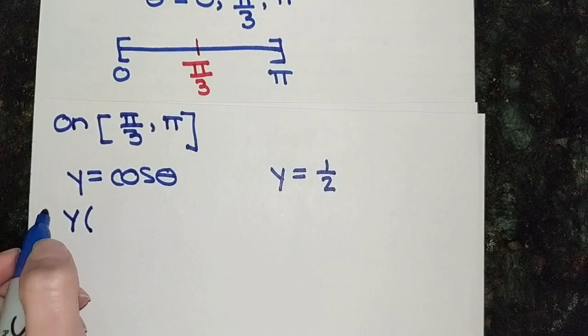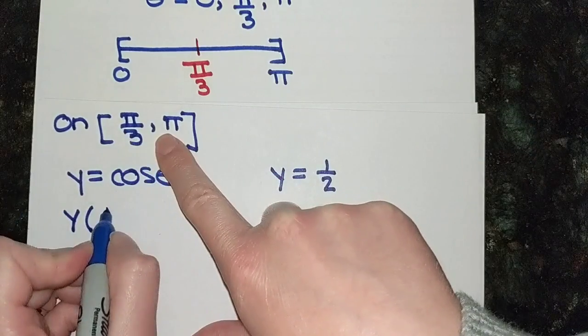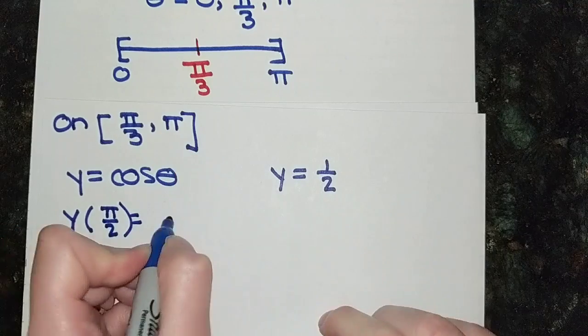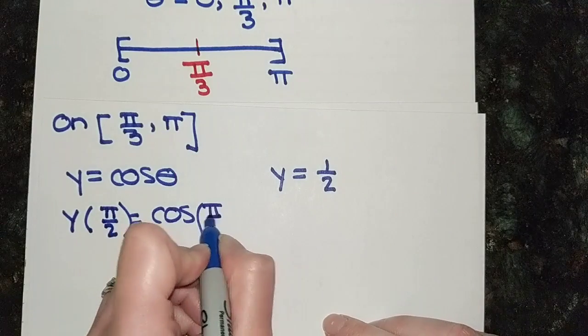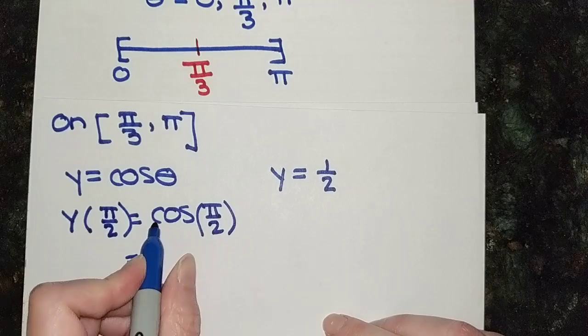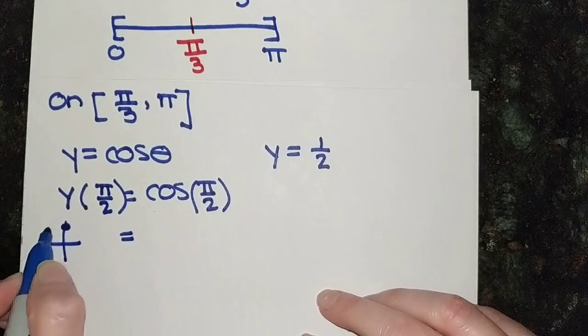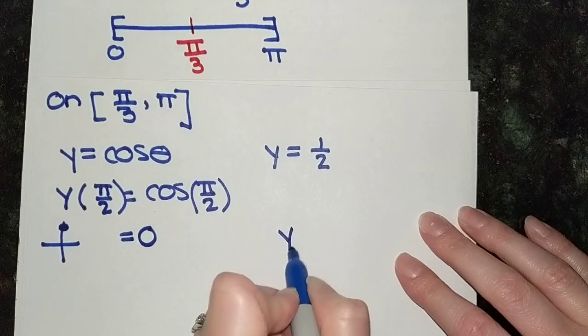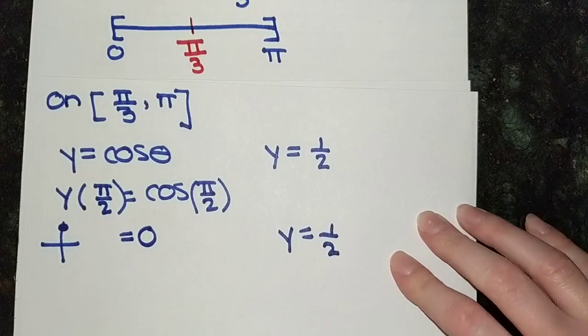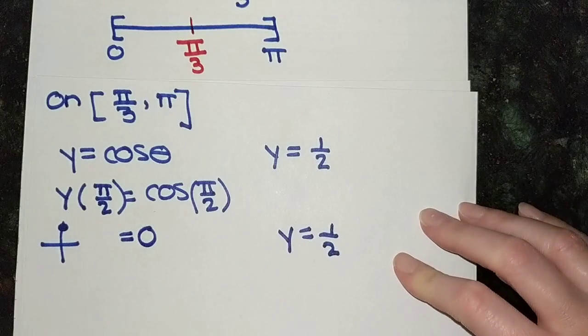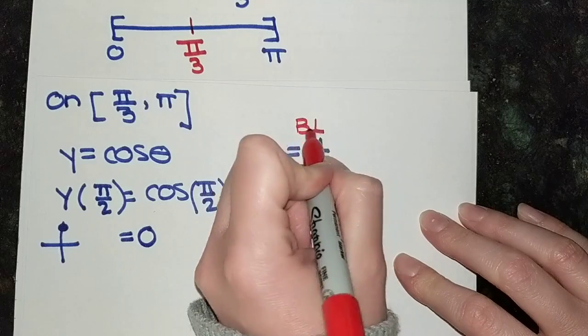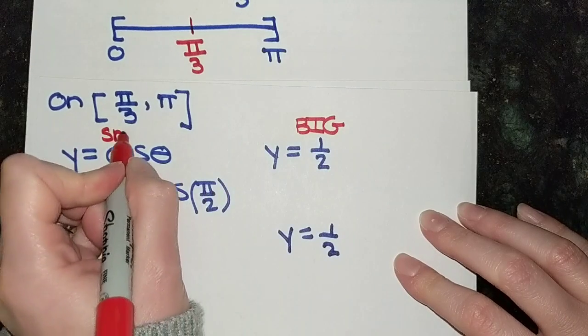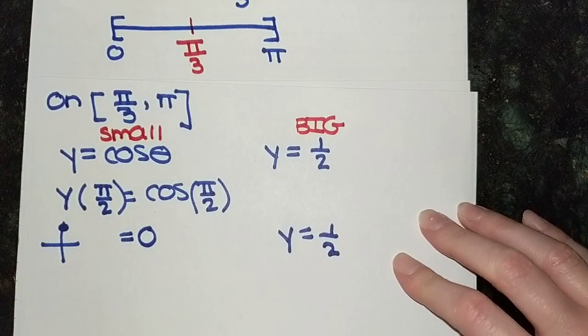So you might plug in, for example, on this interval, pi over 2. And when you look at cosine of pi over 2, again, you're up here on the unit circle, your y value is 0. You're comparing that to y is equal to 1/2. So here you notice that the bigger function is going to be the 1/2, and then the smaller function will be the cosine theta.